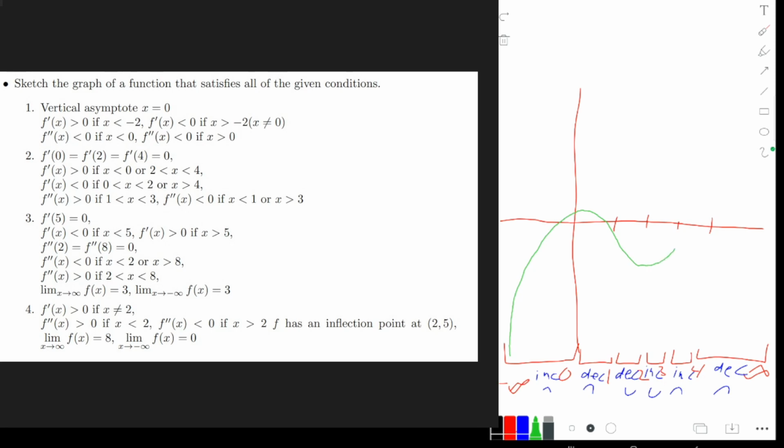And then when we get to 3, it's still increasing, but now it's concave down. And then when we get to 4, it's still concave down, but now it starts decreasing forever. And so it looks something like that. And this would be an answer for number 2.